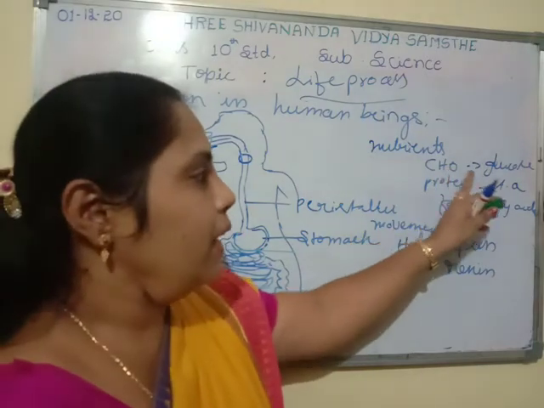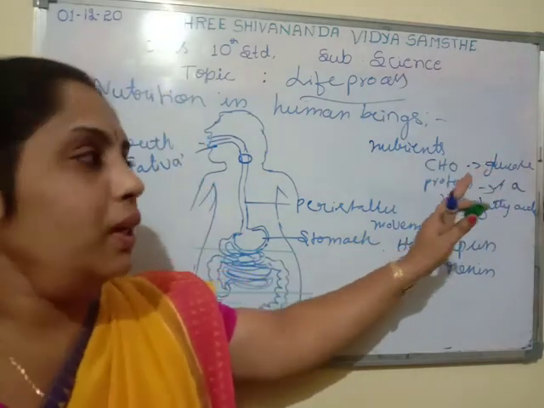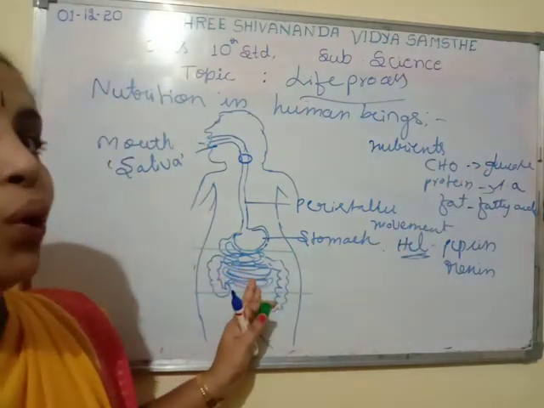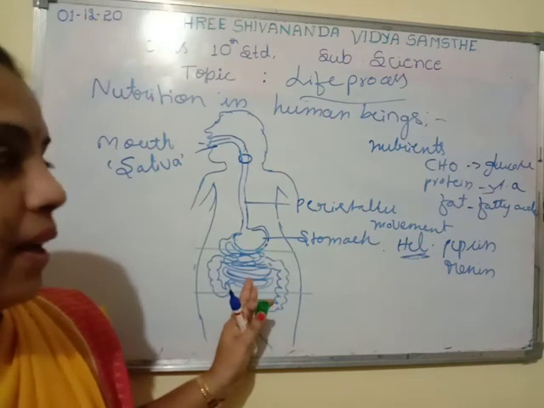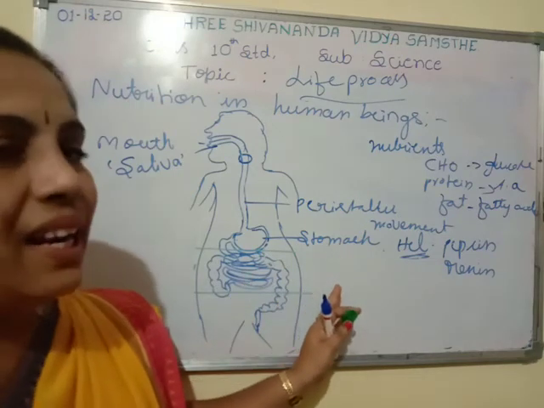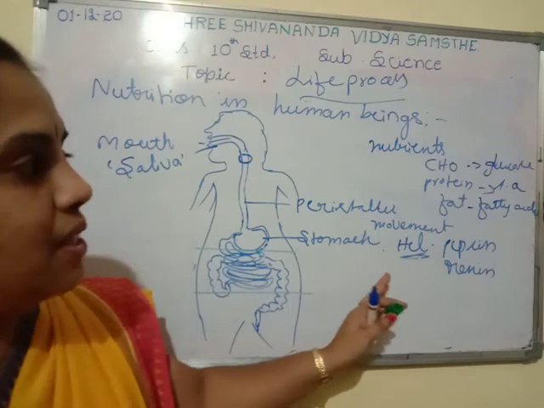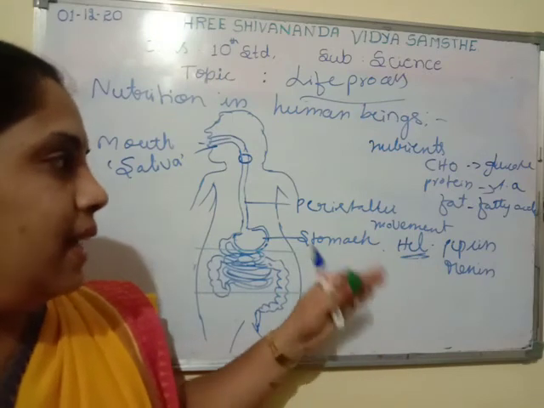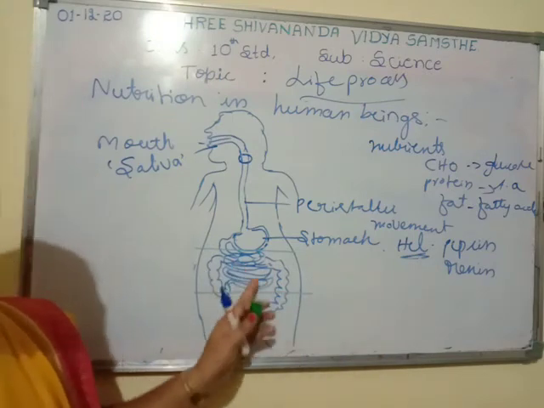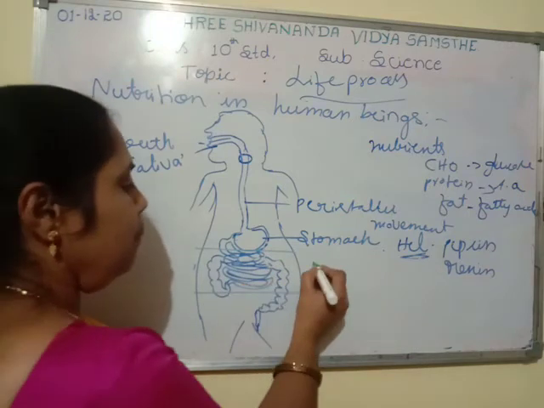So this small intestine, mainly where the carbohydrate, that is a larger food molecule, breaks up into glucose. Okay, so peptidase, amylase, these are the enzymes that act in the small intestine. Here bile juice is there.